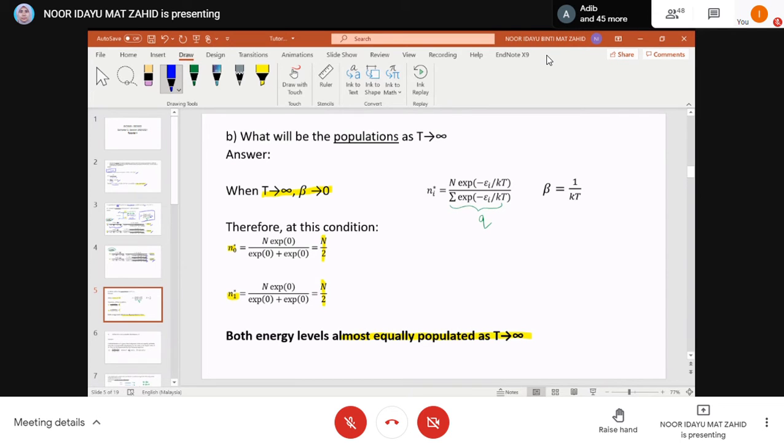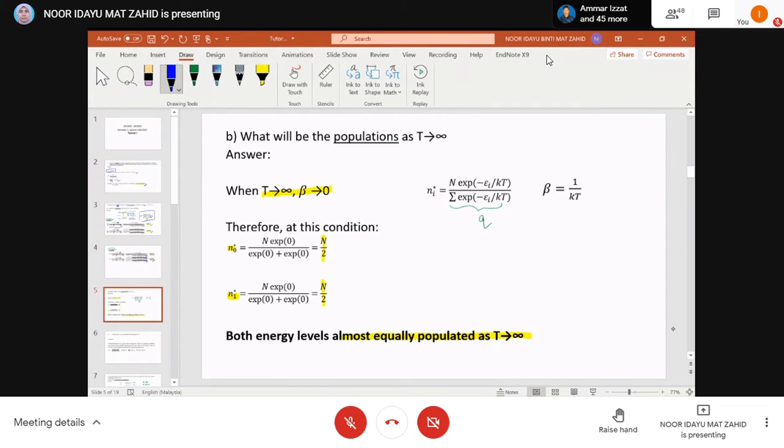2b, what will be the population as the temperature approaches infinity? Approaching infinity means the temperature is getting towards a very high value. Based on this equation, you can replace temperature with infinity. Mathematically you can also prove it.